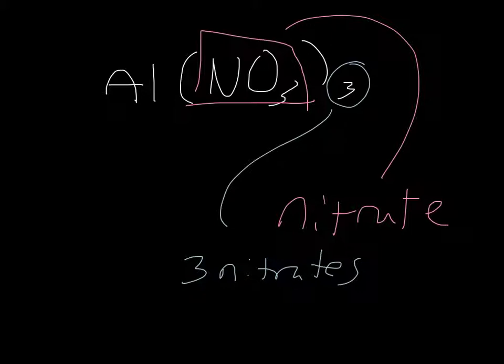Another thing you can do is, if you look on your table, or once you learn your charges a little better of basic ones, you'll see that aluminum as an ion comes in 3+. Well, nitrate, NO3, comes in 1-.